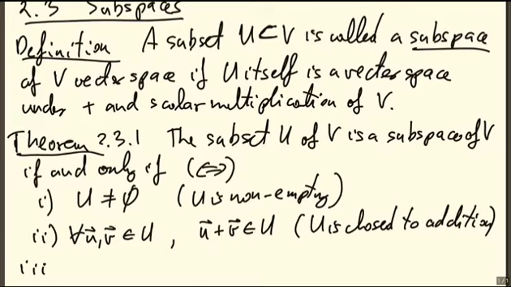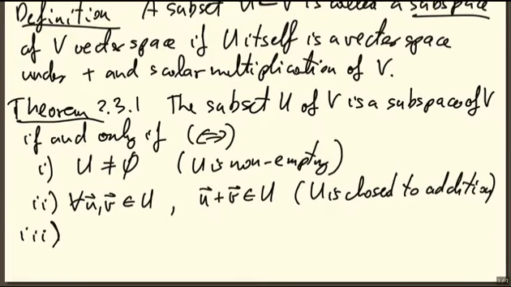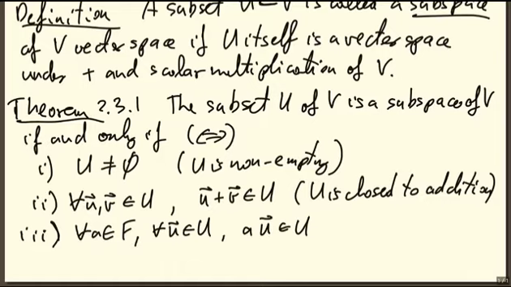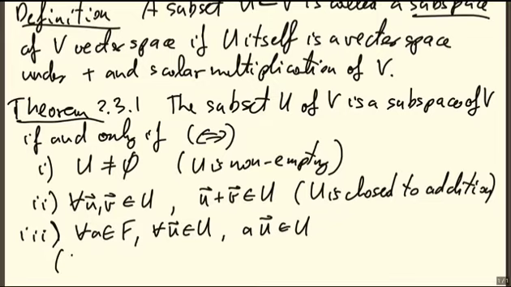And the third property is that for all scalars a and for all vectors u, a times u is also in the subset U, which means that U is closed under scalar multiplication. So closed means that scalar multiplication doesn't go outside.